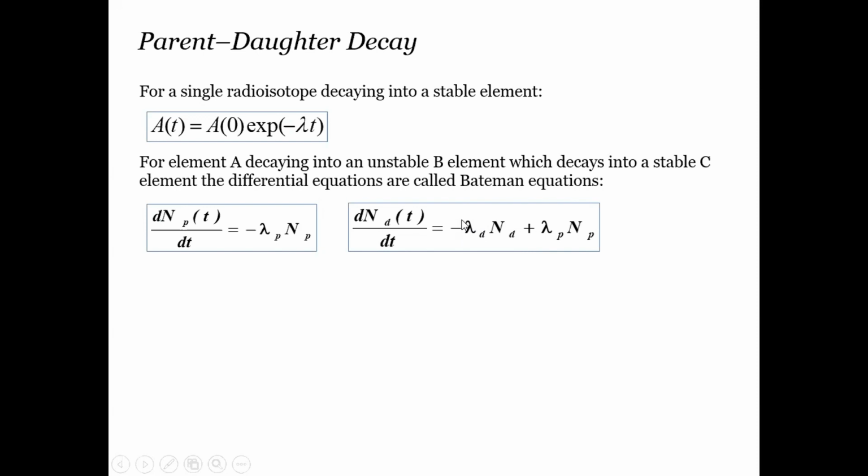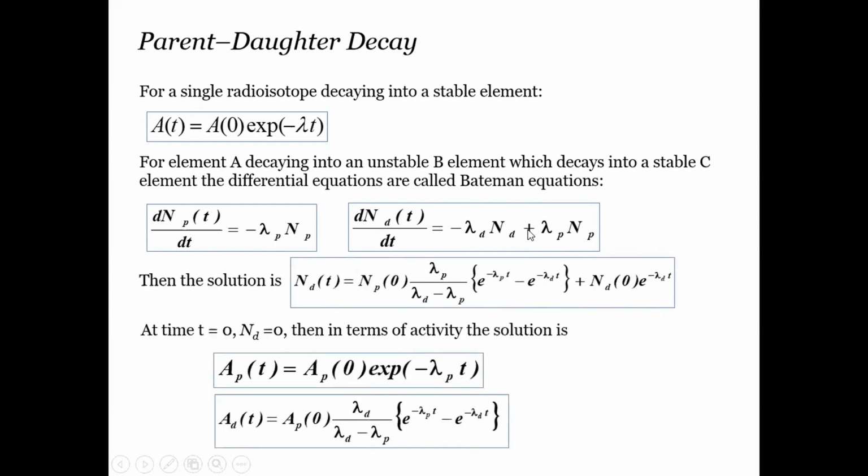The minus sign tells us that it is a decrease. The daughter element is also decreasing as a function of time. However, the parent elements changing into daughter elements contribute to the daughter elements. Therefore, lambda p times Np is the source term for this equation.